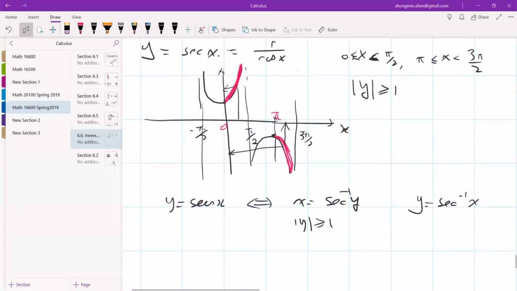Yes, this x will be greater than 1, but the y value will be either between 0 and pi over 2, or between pi and 3 pi over 2.